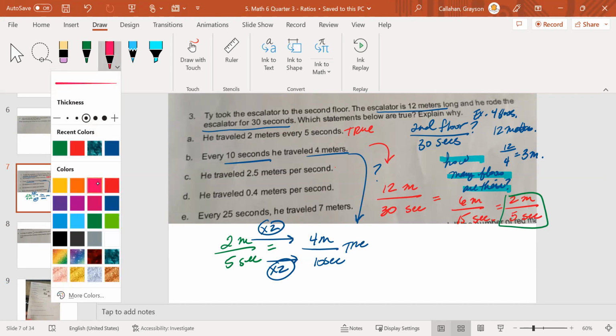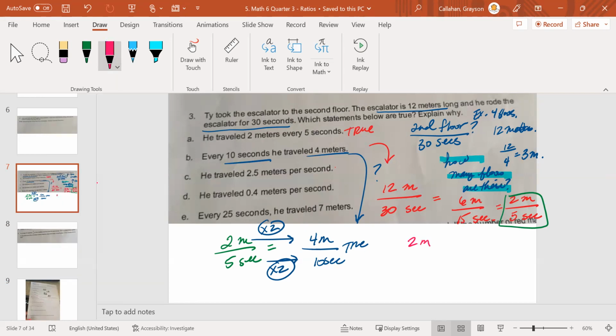I'm glad you actually mentioned that because that's correct. He traveled 2.5 meters per second. So with this one, your ratio, remember, is 2 meters per 5 seconds. So they want to know 1 second, right? So let's do 2 divided by 5, right?